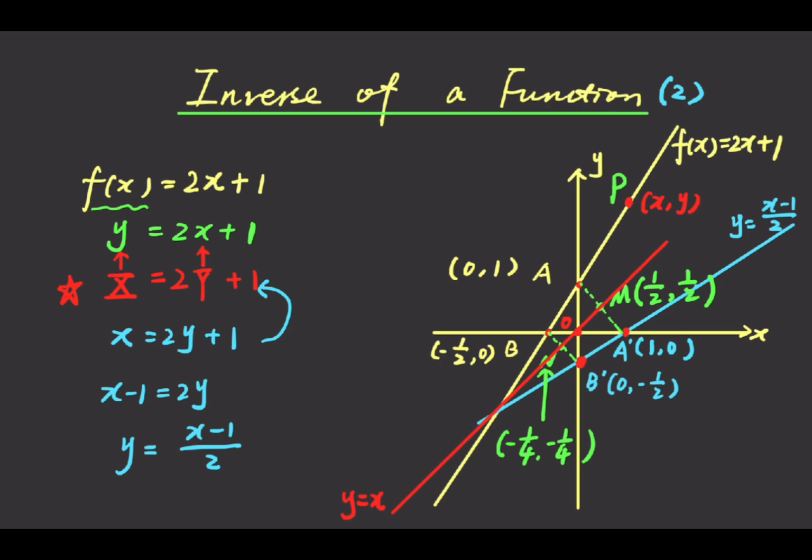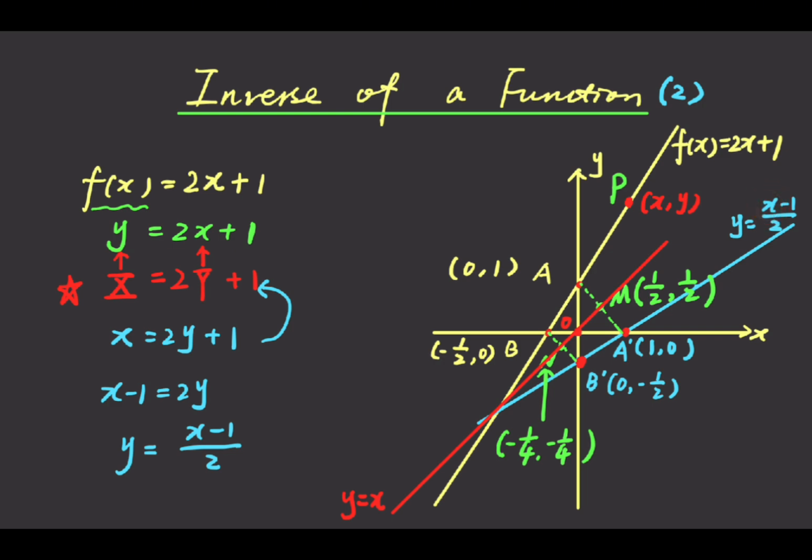Now, you need to know the inverse of a function. For this example, its inverse is represented by the blue straight line. We can easily judge this relation is also a function, because from the algebraic expression, you can figure out for every different x, only one y value corresponds to the x coordinate.